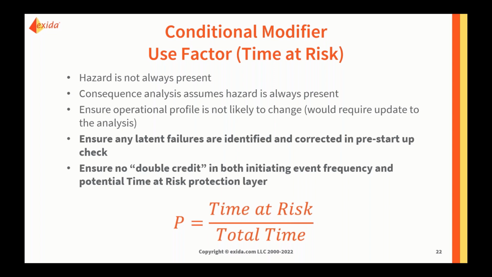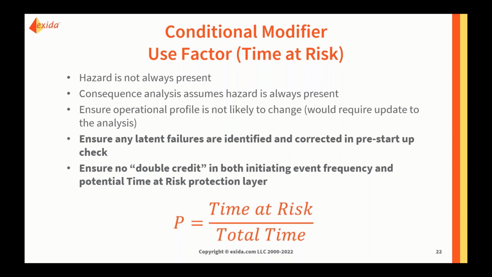So if we then later on try and take subsequent credit for a time at risk protection layer, after we've already taken credit for that implicitly in our initiating exposure frequency event, then we really have to keep things sorted and eliminate that double credit.